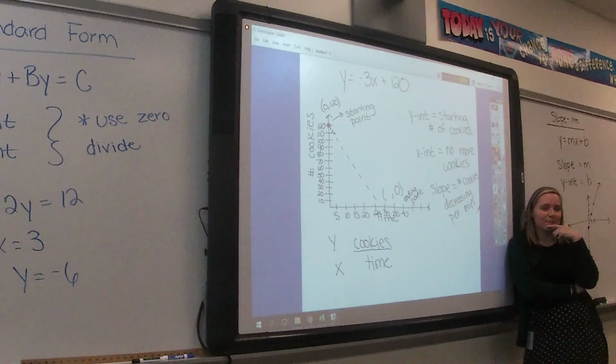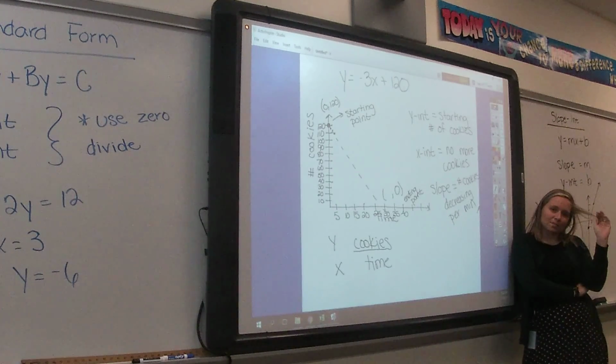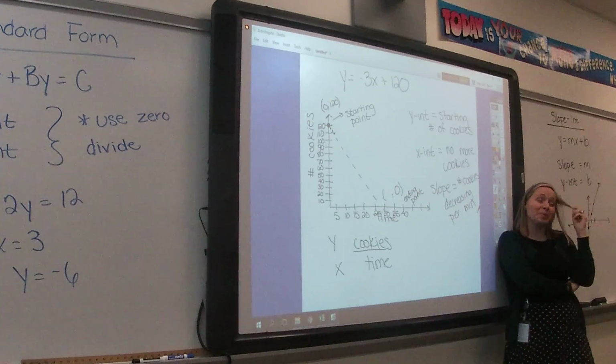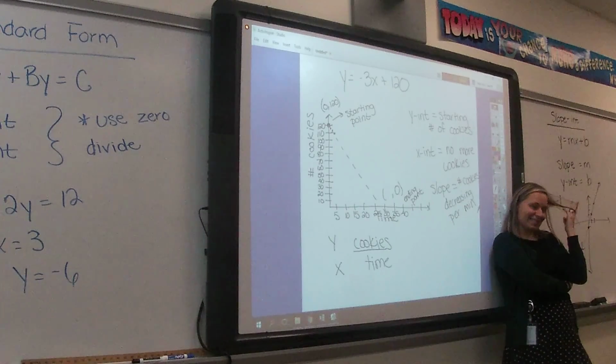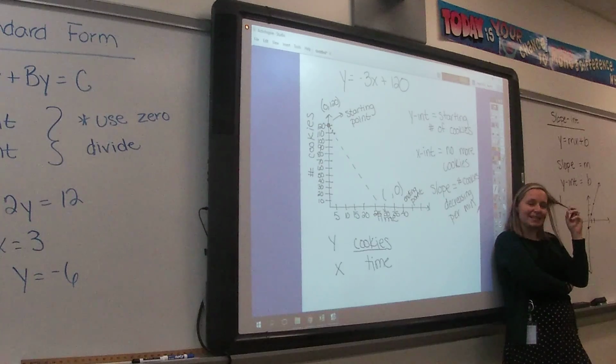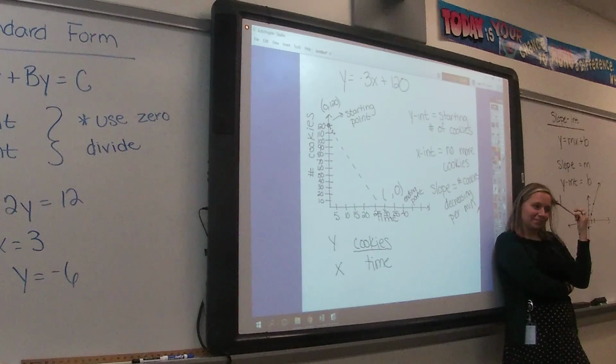What should our x-intercept actually be? If we had a perfect graph, we would be able to see perfectly. What is our x-intercept? Colin? 30. How are you getting 30?